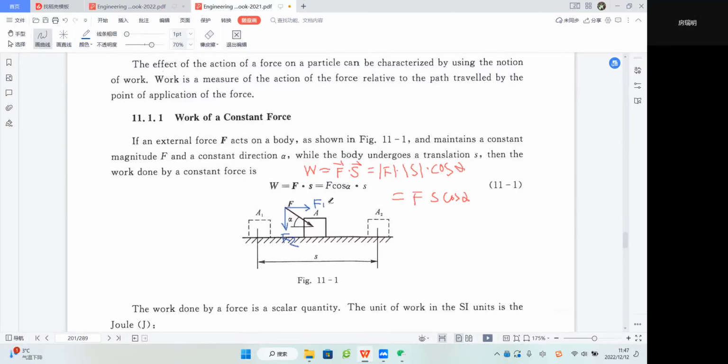So you can find F1 should equal F times cosine alpha, and F2 will equal F times sine alpha. So actually the work done by this force F is mainly because of F1, F1 times S. In other words, the component F2 is perpendicular to S, so the work of F2 will be 0.